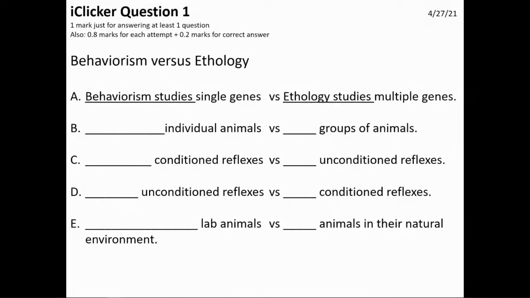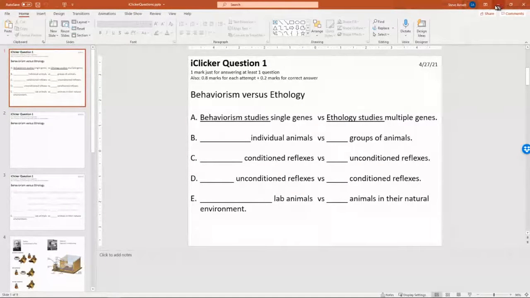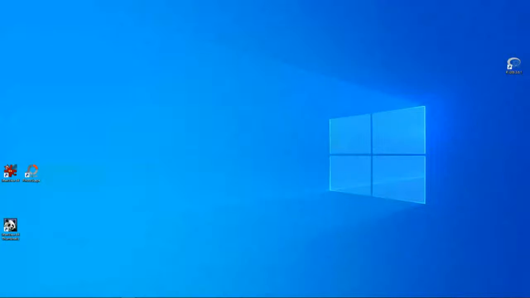Now my clicker is being slow. Start class in progress. The iClicker is stuck somewhere on my screen, so I can't see it. I'm just going to stop sharing my screen a second because it's messing stuff up.